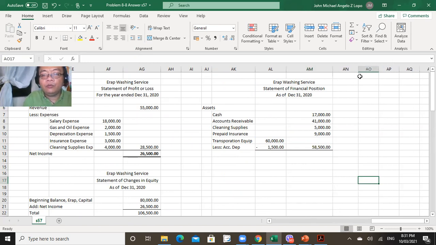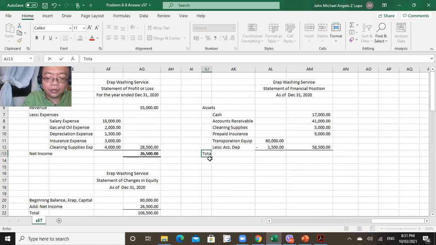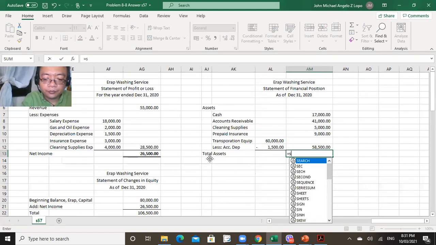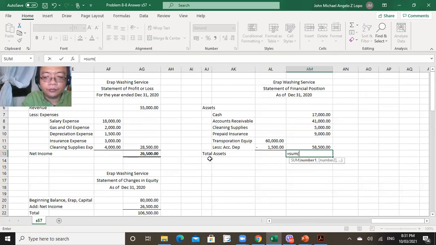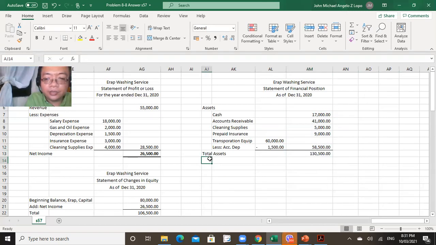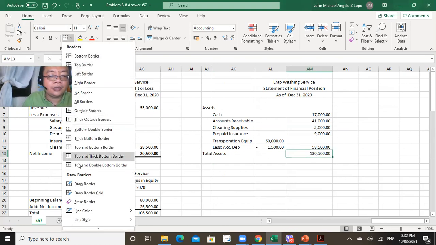So how much now would be your assets? Your total assets. All right. Your assets now is worth 130,500. That's basically now your total assets.